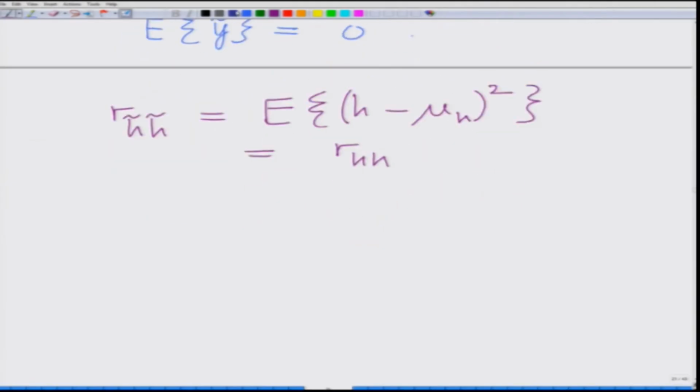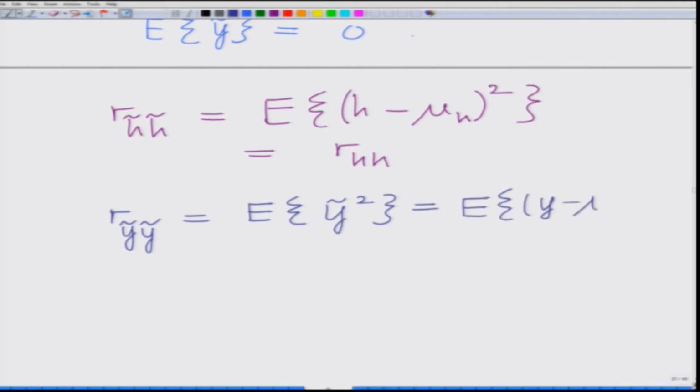Similarly, r of y tilde is the variance of y tilde, expected value of y tilde square, which is expected value of y minus mu y square, which is equal to r y y.